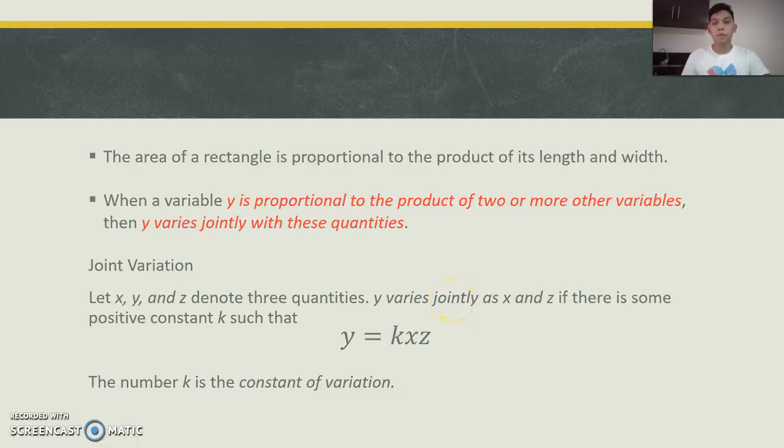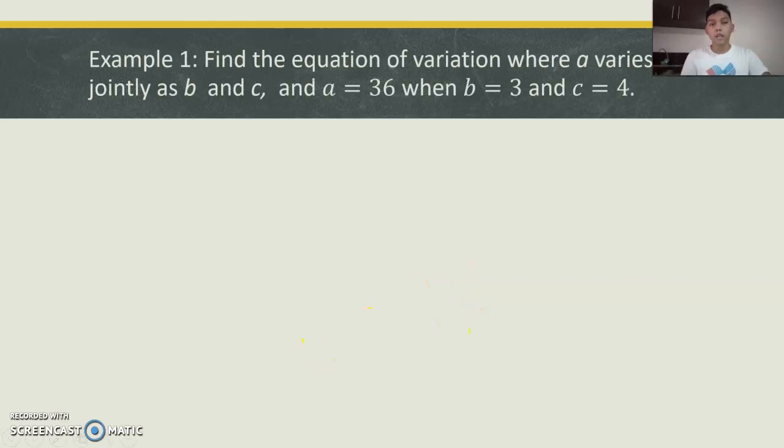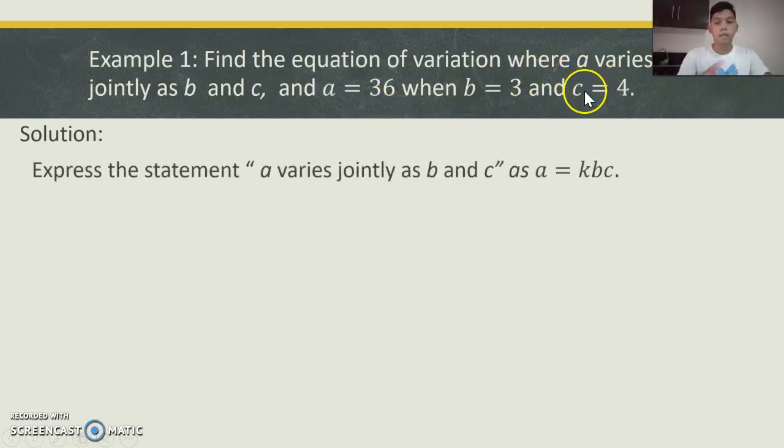Let's proceed to examples. The first example is to find k. Find the equation of the variation where a varies jointly as b and c, and a is 36 when b is 3 and c is 4. To find k, we must first translate the variation statement into a mathematical statement.